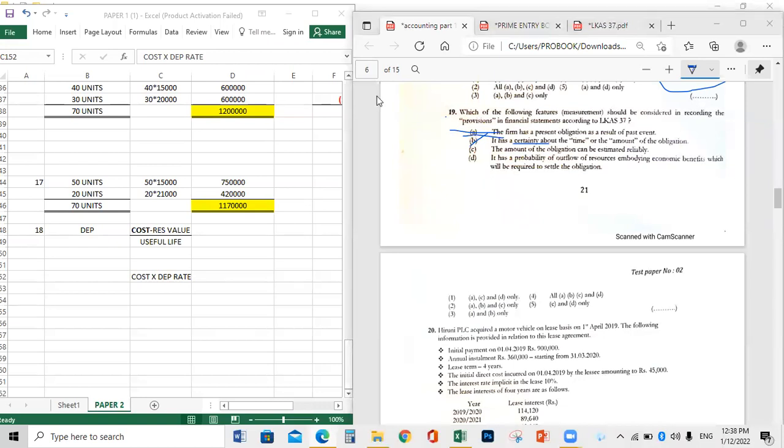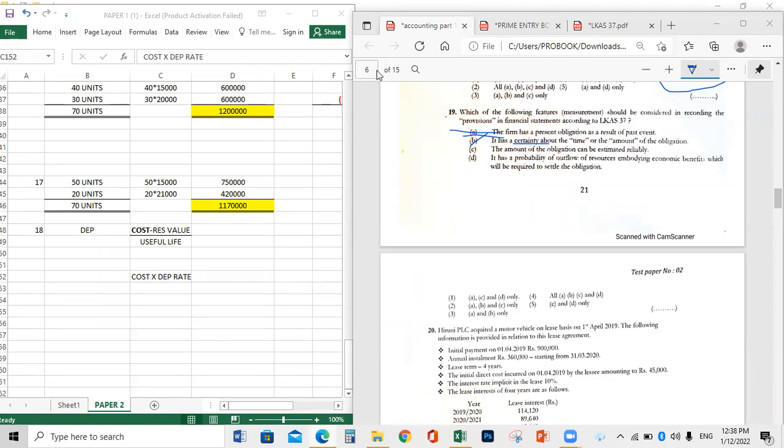Next one, the amount of the obligation can be measured reliably. Guys, even though you are not sure, based on your past experience, you should be able to measure the obligation reliably. You're uncertain about the amount, but based on how many customers come and ask, you have to be able to estimate.